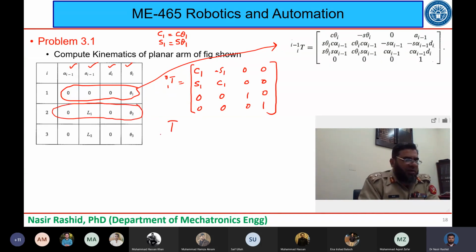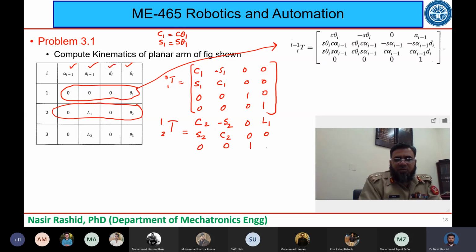Now let us see this second one. This is actually T2 to 1. Let us see the first entry. This is cos theta 2, so this is c2, because it is cos theta i, and this is 2 to 1, so theta 2 comes. In the next, minus sin theta 2, this is minus s2, then 0, and a(i-1). What is a(i-1) here? a(i-1) is L1, so this is now L1. Next, sin theta 2, this is sin theta 2, this is cos theta 2, 0 and 0.